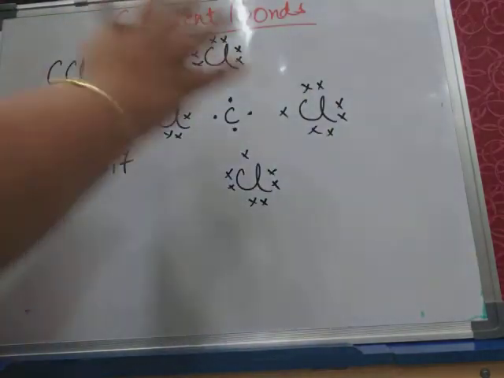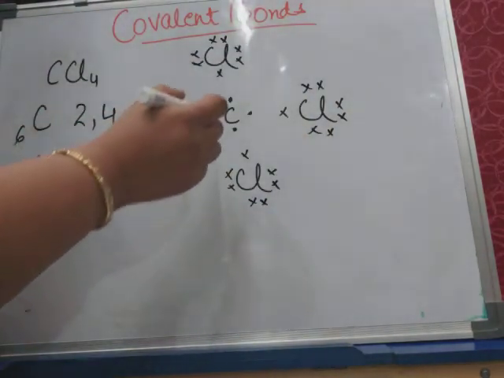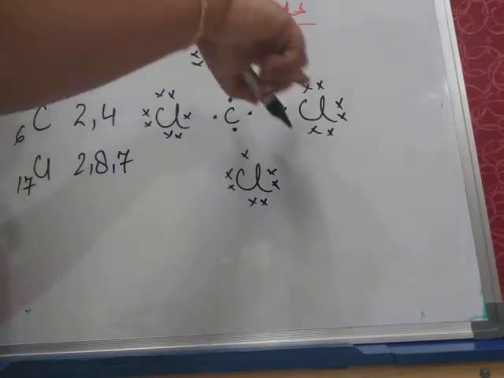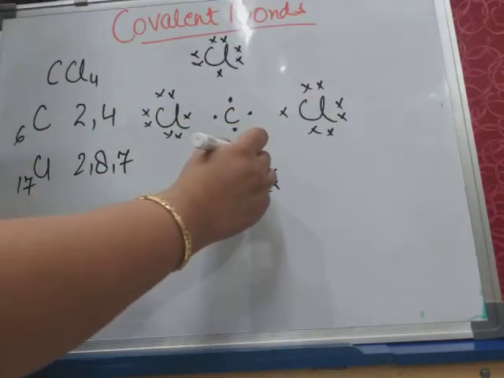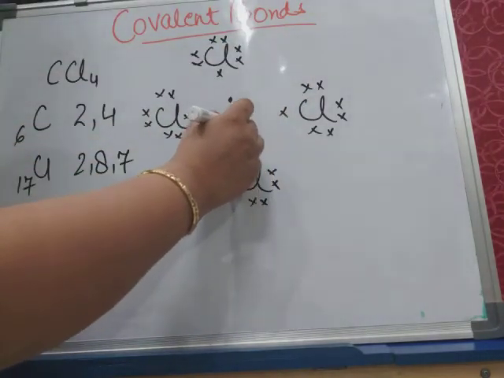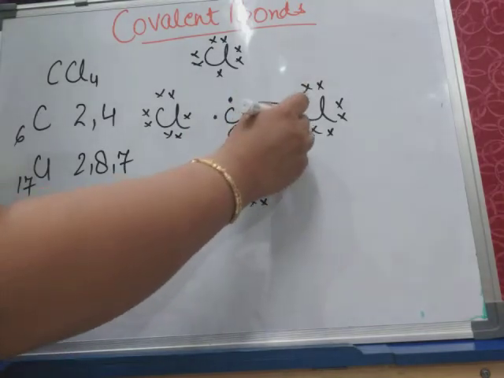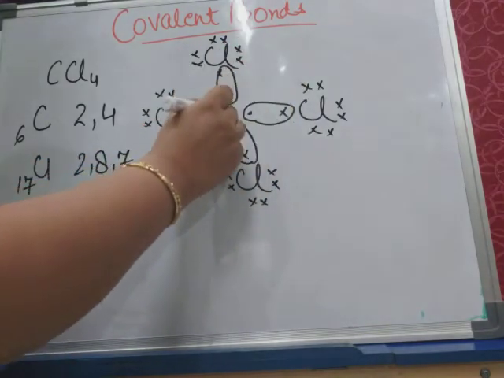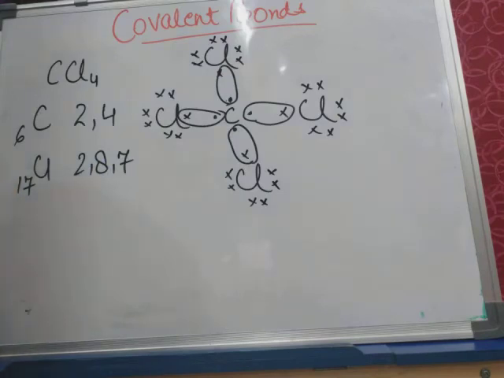Each of them has 7 valence electrons. Now first we'll complete the octet of these chlorine atoms. The bond will be formed between carbon and chlorine here, here, here, and here too. Such bonds will be formed.